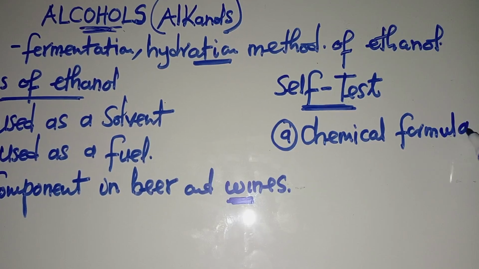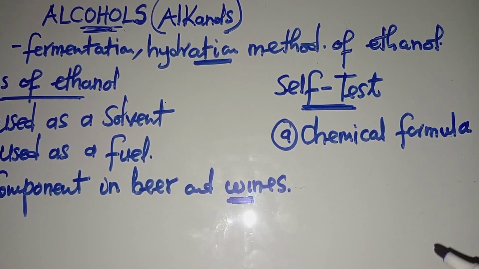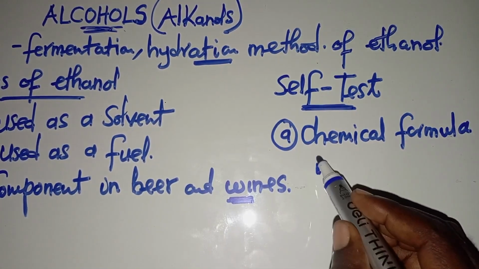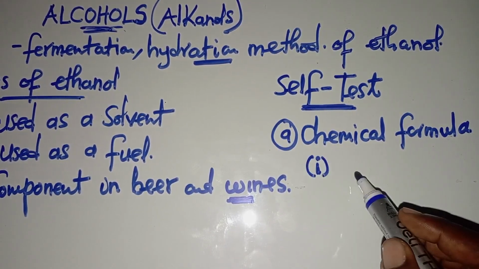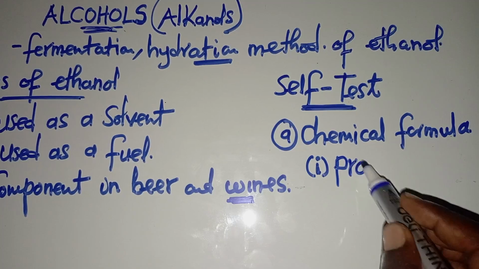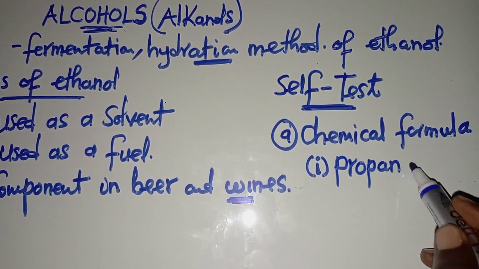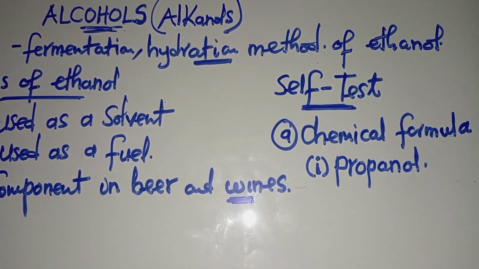I just want to see if you are able to understand. I want you to write the chemical formula for propanol without looking anywhere. So pause this video, write the chemical formula and see if it is going to be the same.